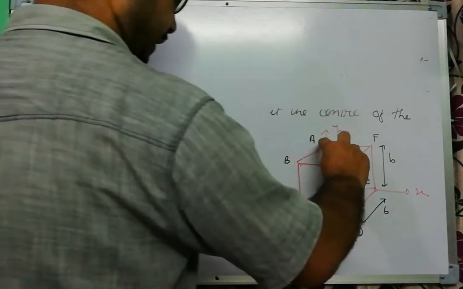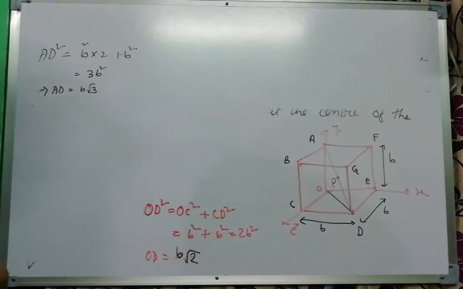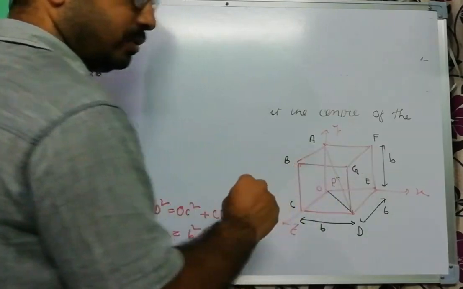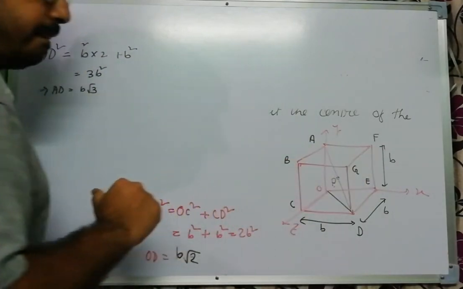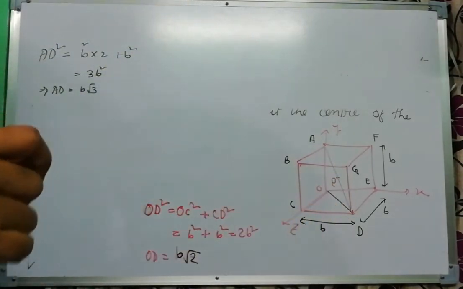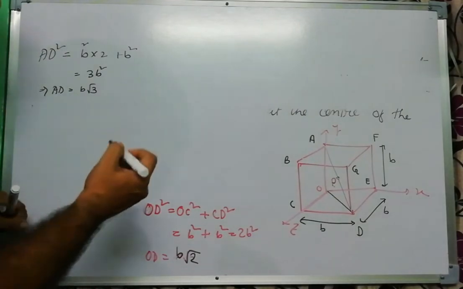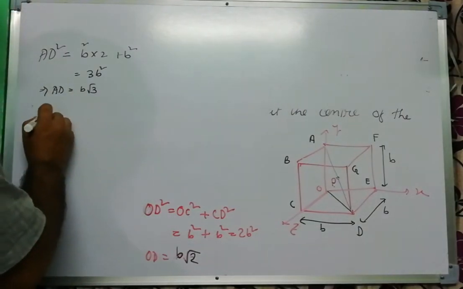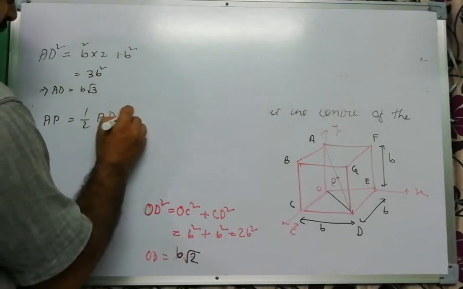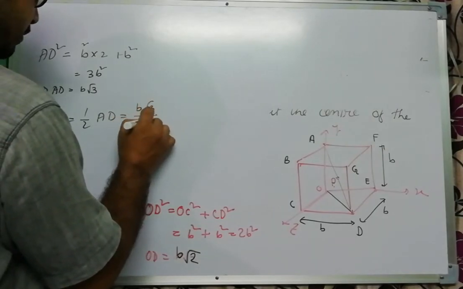Now this AP is a half of AD. Why? Because this is a cube, all sides are equal, and the center is also at the same distance from all the vertices for a cube. That is why AP is equal to half of AD. So half of AD means B root 3 divided by 2. This is the AP.